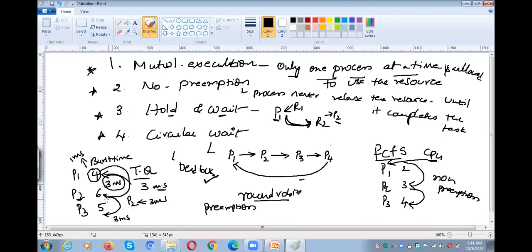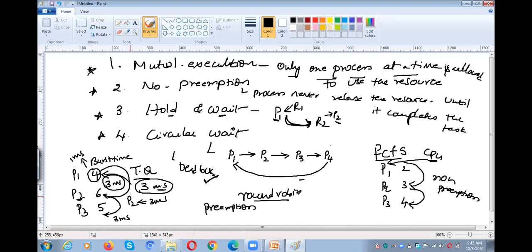That means we take away the CPU from the process after 3 milliseconds, whether the process completes its execution or not.